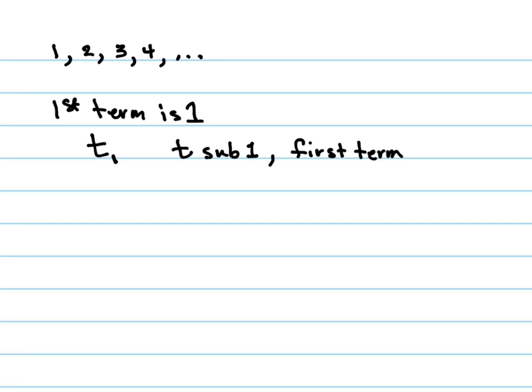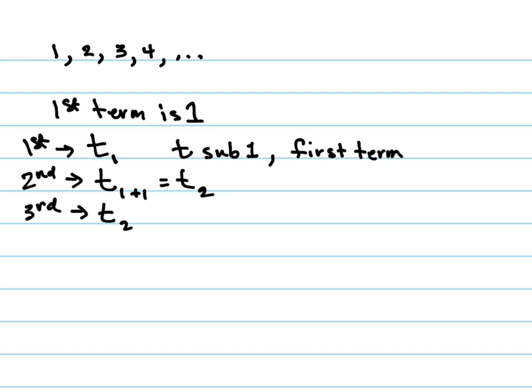Okay? Now, if you want the next one, you're just adding to that first one. So if this was the first one, then the second one is going to be t sub 1 plus 1, or t sub 2. And again, that simply means the second number. And we could keep on doing that no matter how many terms you have.